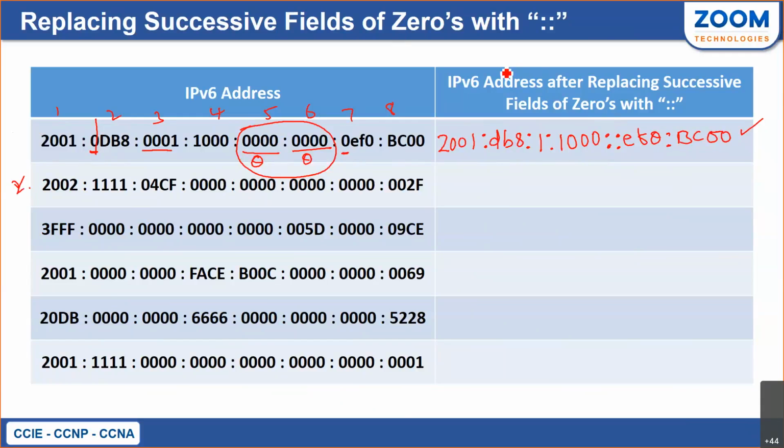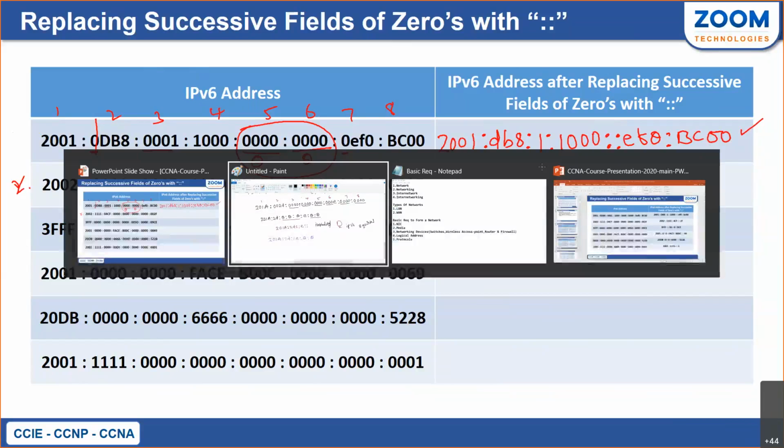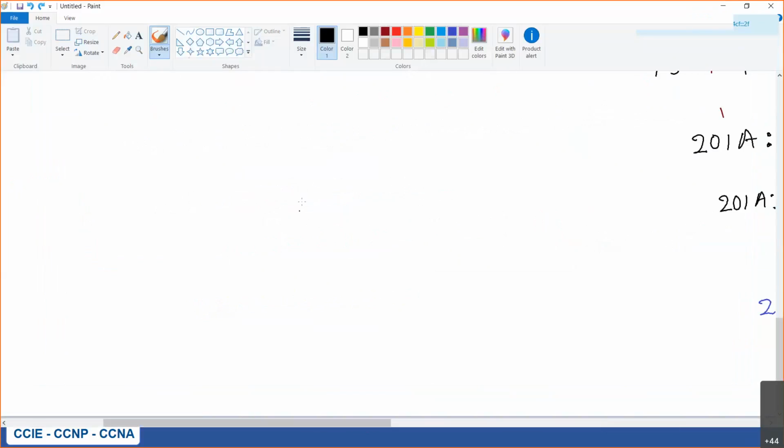But the fourth one, why are we presenting it as 1000? Because you know what leading zeros are? Before any value, the zeros can be omitted. After a value, no. Only leading zeros you can omit.